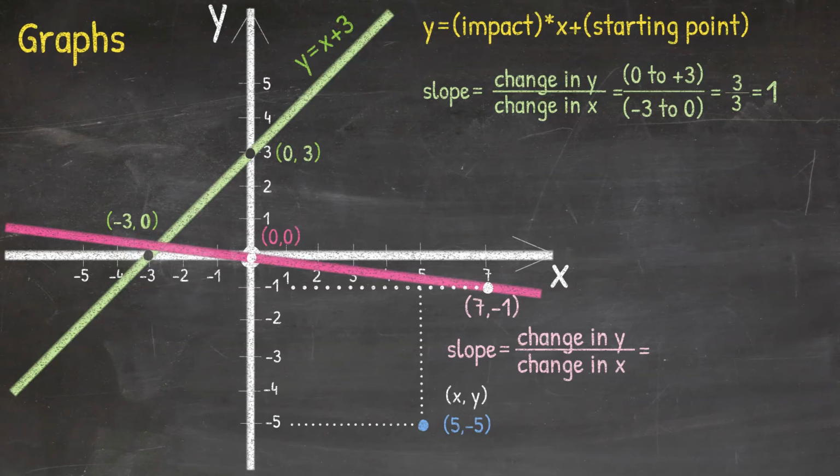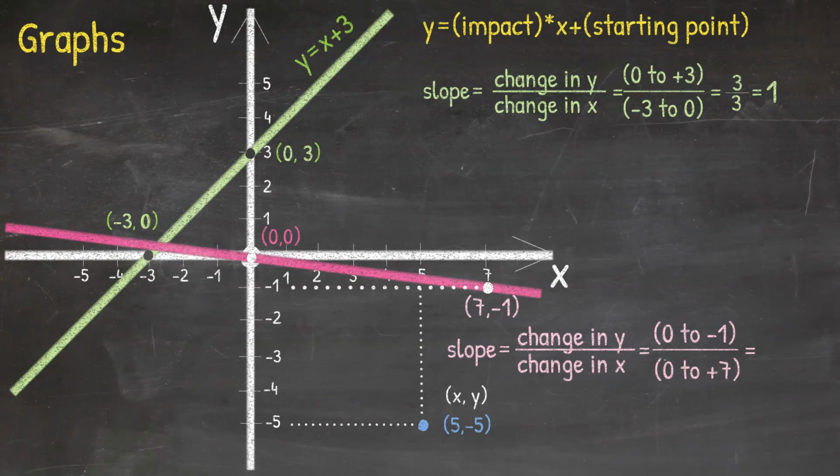So we can write down that our y changed from 0 to -1. Accordingly, we also go from left to right. Our x dimension of the coordinate went from 0 to 7.